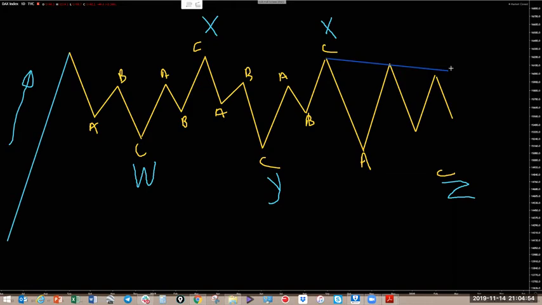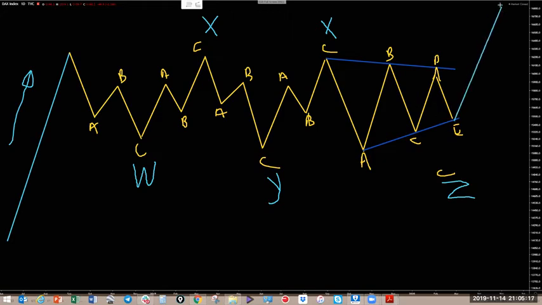That's your triangle. That is A, B, C. I didn't draw it clearly, it should be there. D, E. Yes, you can have it like that. You can have that, and the move can then continue to the upside.